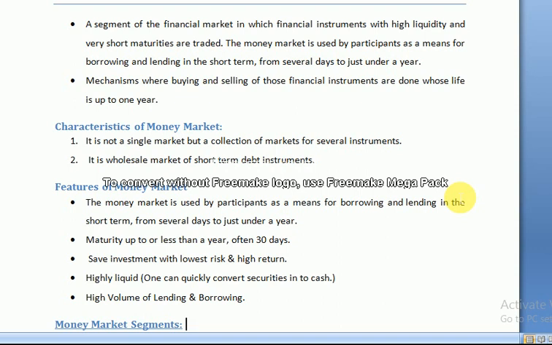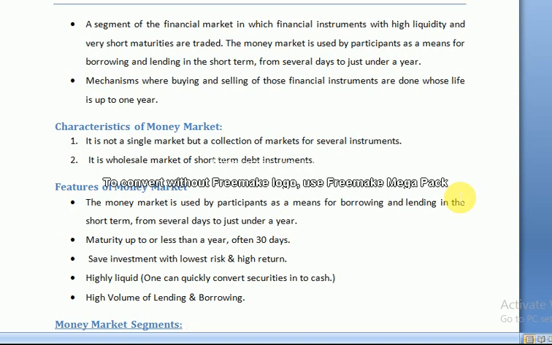It deals with financial assets having a maturity period up to 365 days, or 1 year or less. It deals with only those assets which can be converted into cash readily without loss and with minimum transaction cost.